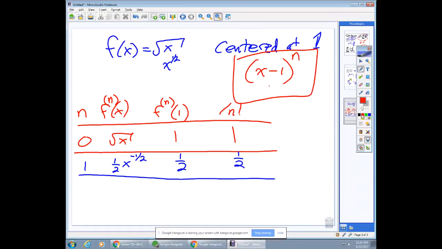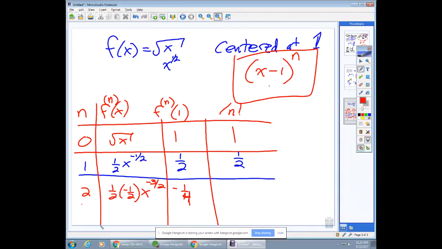For the second derivative, we get 1/2 times negative 1/2 times x to the negative 3/2. Does that look right? Okay, and we plug in 1, and we get negative 1/4. Then we divide that by 2 factorial, which is 2, so we get negative 1/8.